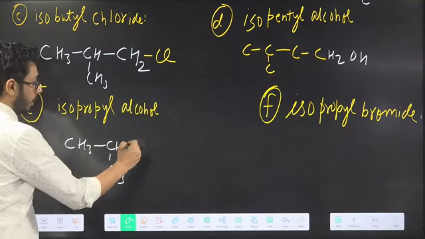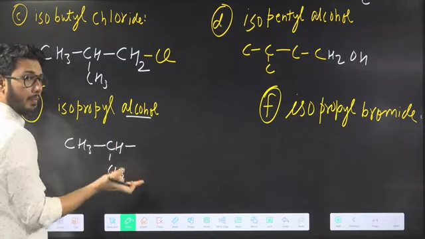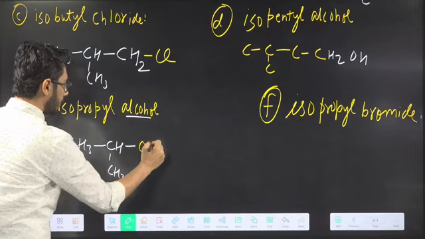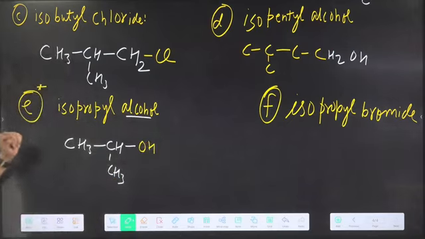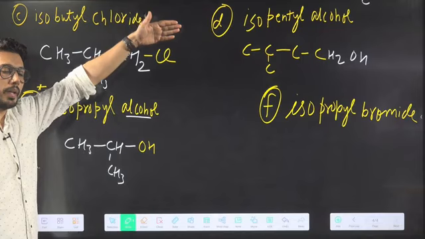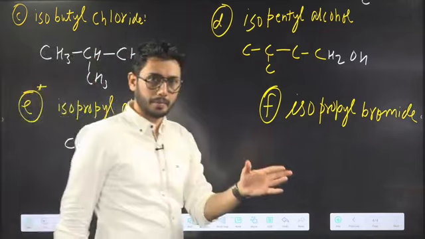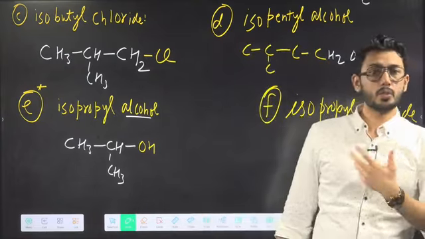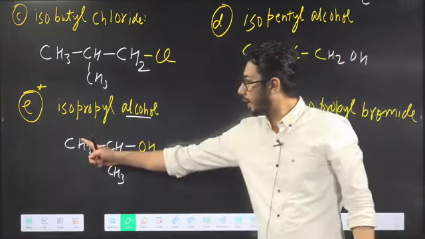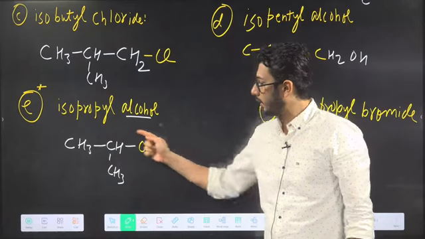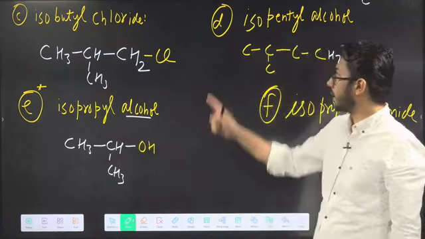Iso completed. Now which group? OH. It will be bonded to the middle carbon, that is the secondary carbon. In other cases with more carbon atoms, whatever group is there will be bonded to primary, but in isopropyl there is no possibility. So write down the iso arrangement and directly connect OH to the carbon where connectivity is there.